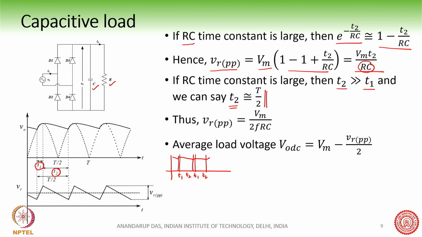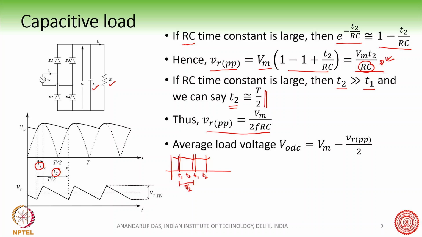So we say that T2 is almost equal to T by 2. Most of the period is T2 only, and so we can make that approximation, and VR peak to peak is Vm by 2f RC, coming from this equation here.